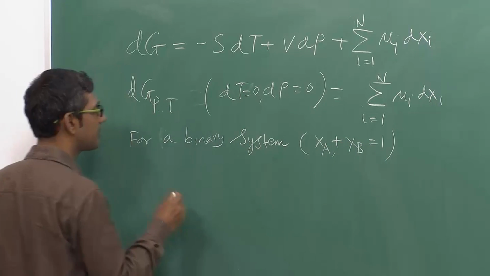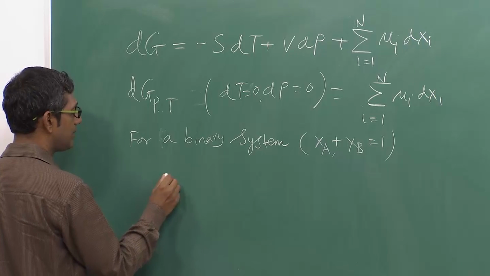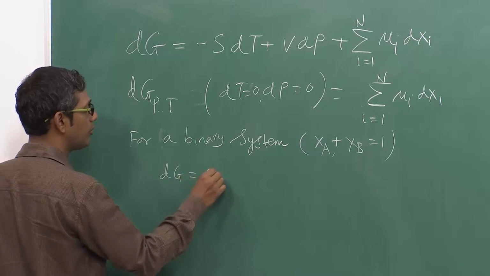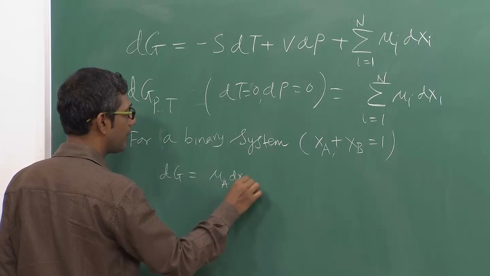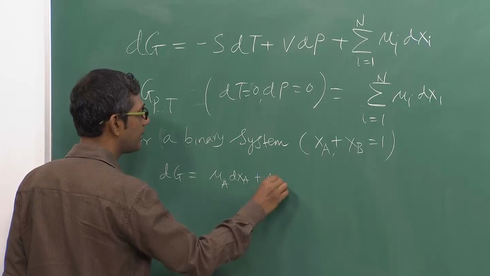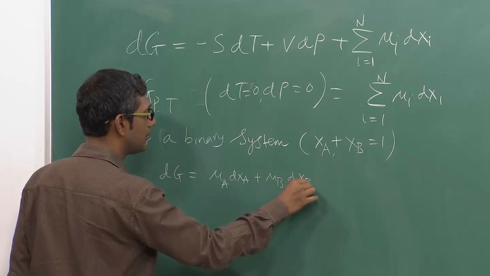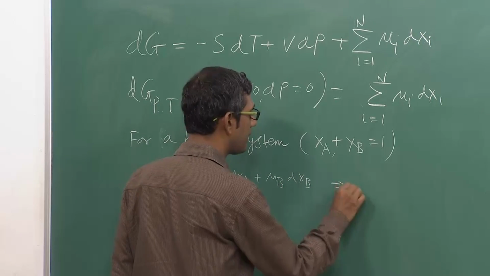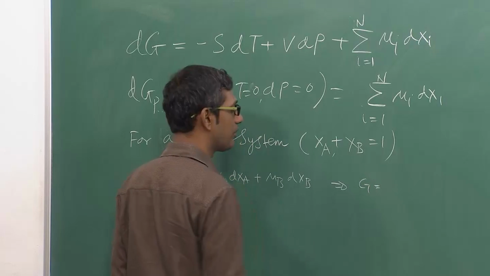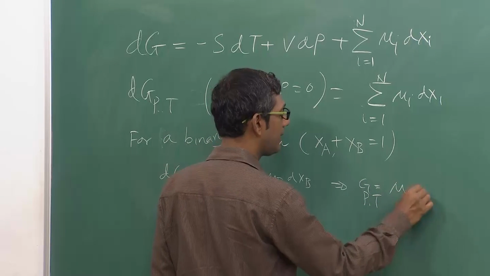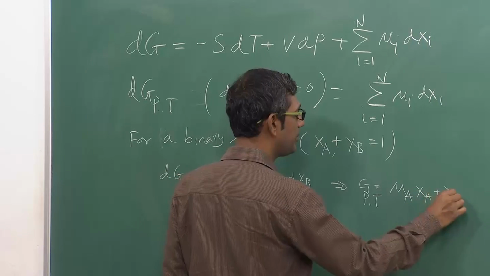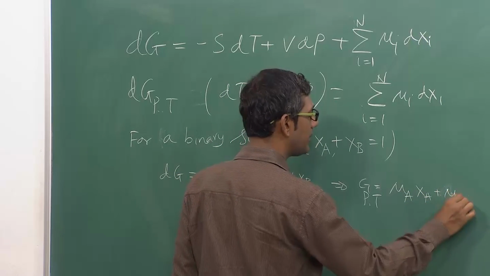So in a binary system we can write dG equal to mu A dxa plus mu B dxb, and thus, integrating this, we can easily get G at constant temperature and pressure equal to mu A xa plus mu B xb.